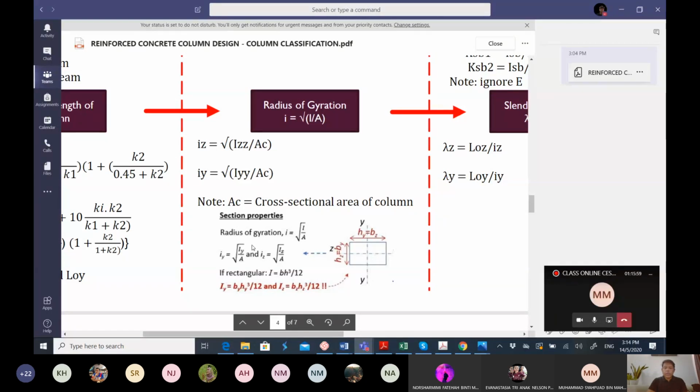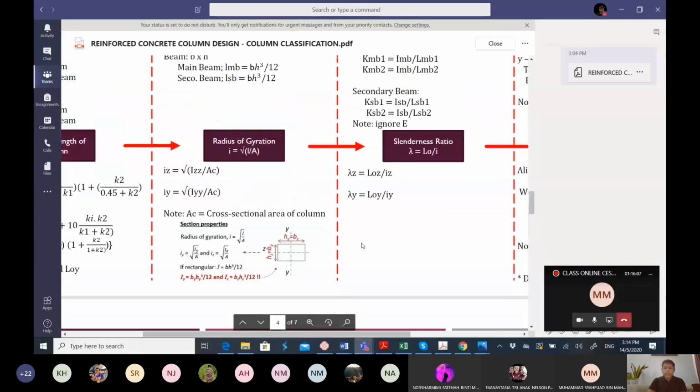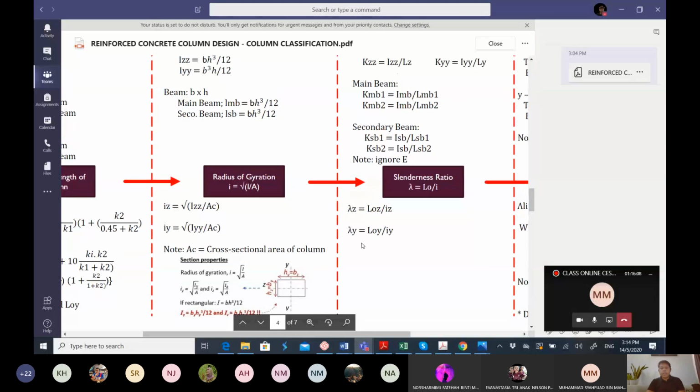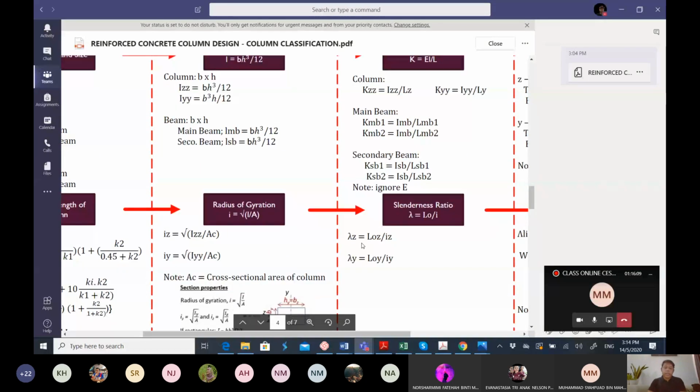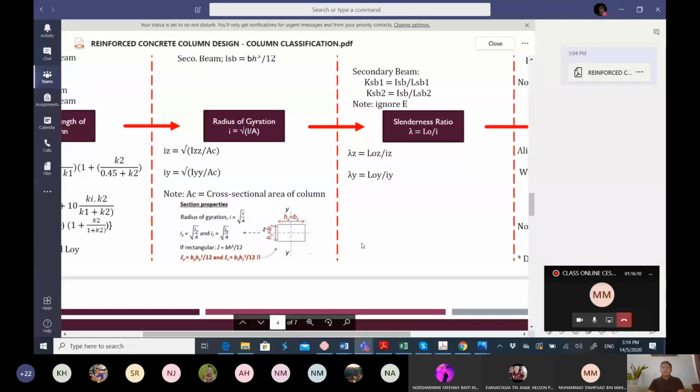Next one is the slenderness ratio. So from the LOZ over IZ from here, IY from here, and then the last one, we have to calculate the slenderness limit. The slenderness limit is equal to 20 times A times B times C over square root n.